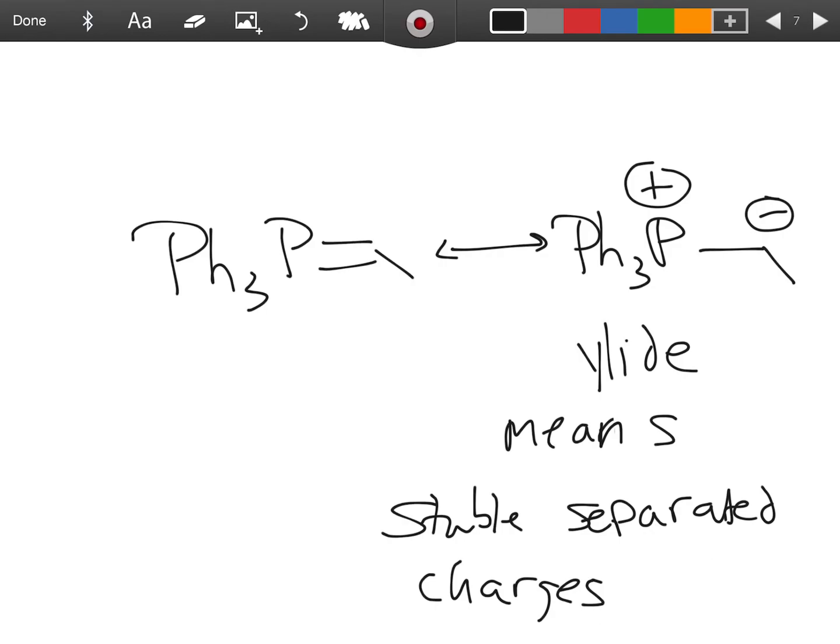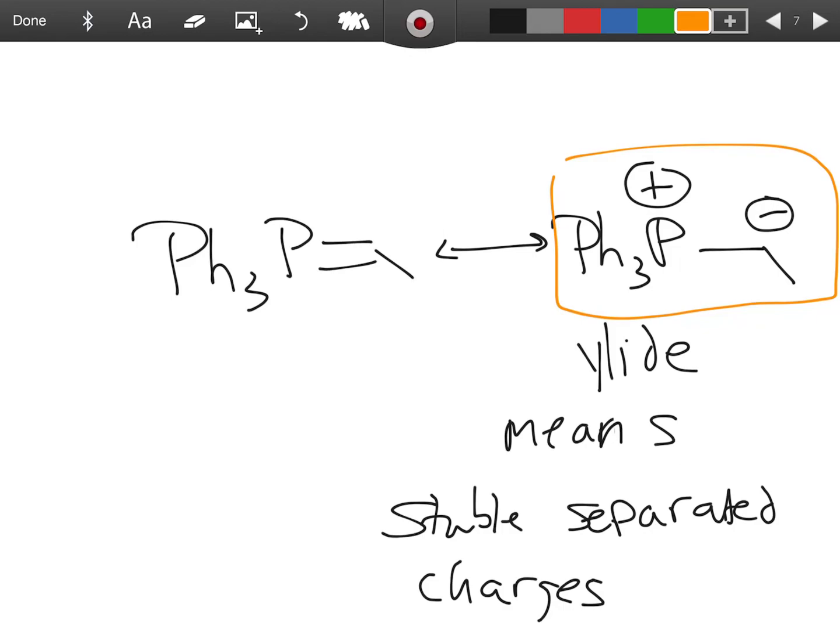So I can separate my charges to phosphorus plus and carbon minus on an ylid, and that resonance contributor contributes a lot to the structure. So it spends a lot of its time acting like this. So it's called an ylid because it's stable, having its charges separated.